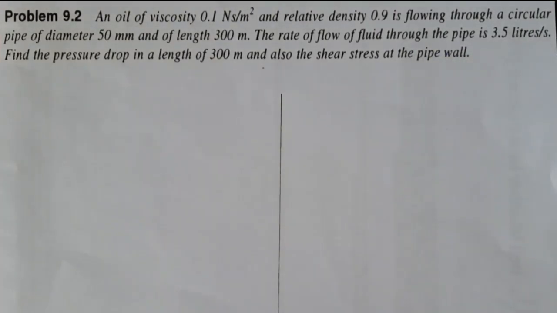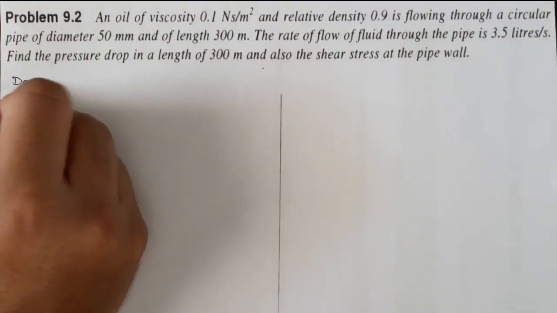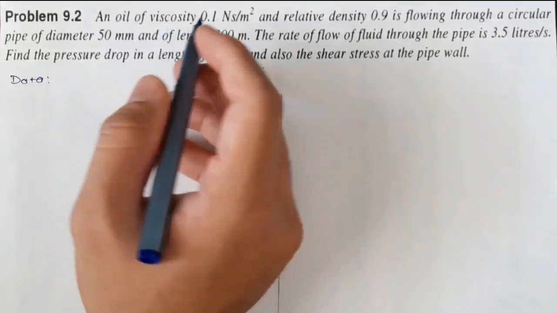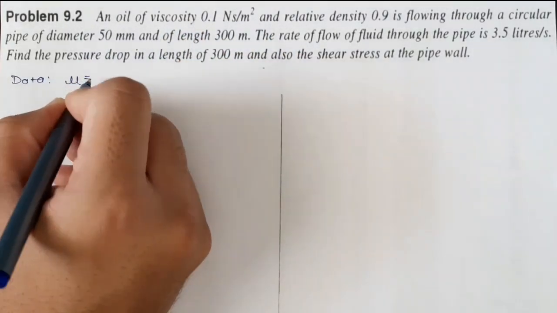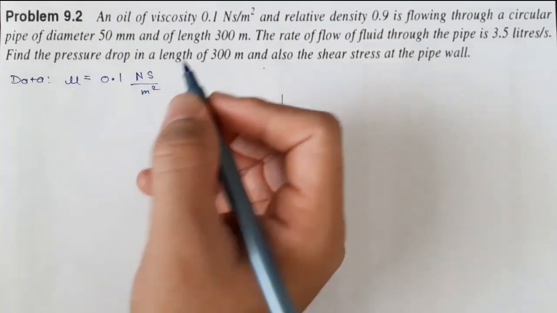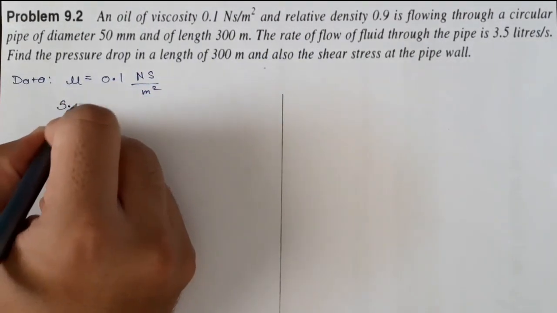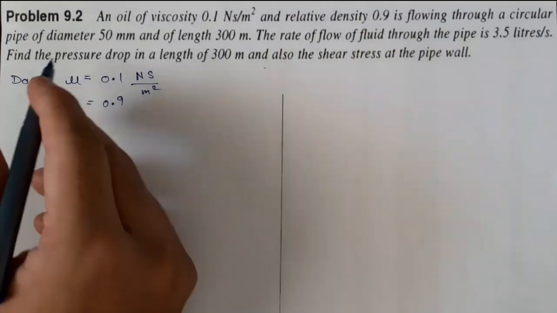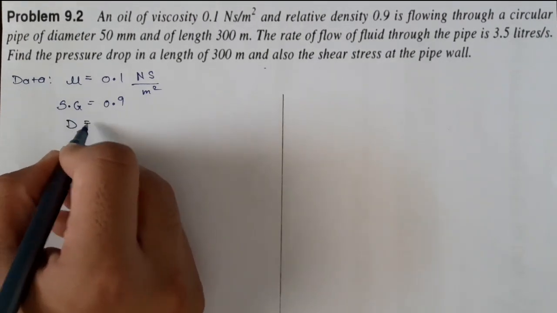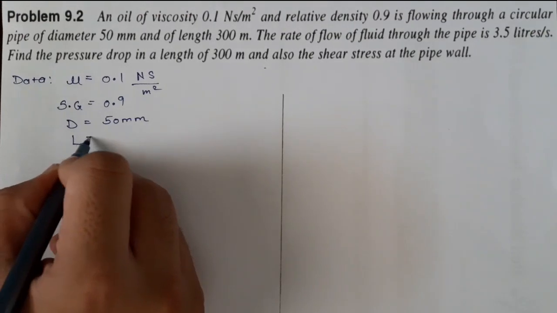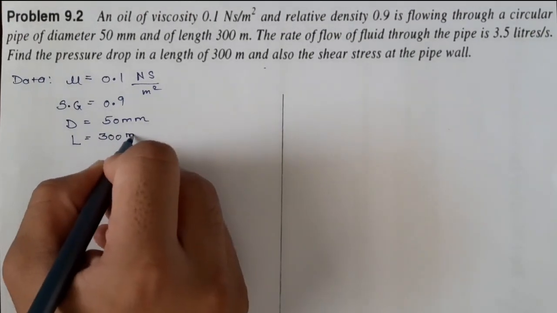Okay. So now I will write the data. First, given an oil of viscosity, that is mu equals 0.9 Newton second per meter square, and relative density, that is specific gravity, equals 0.9, is flowing through a circular pipe of diameter capital D equals 50 mm and of length L equals 300 meter.